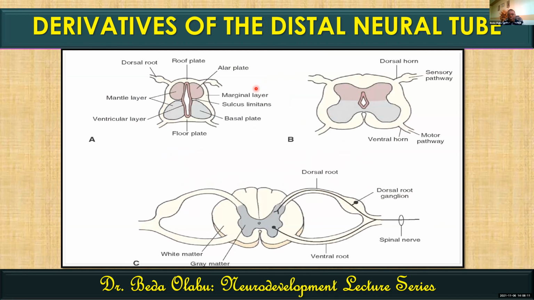What I've said in the previous slide is also captured in this particular image. What I want to repeat here is that the dorsal horn is sensory, so it will be nerves entering. The dorsal horn does not give you sensory nerves that leave, no. It will be nerves entering.